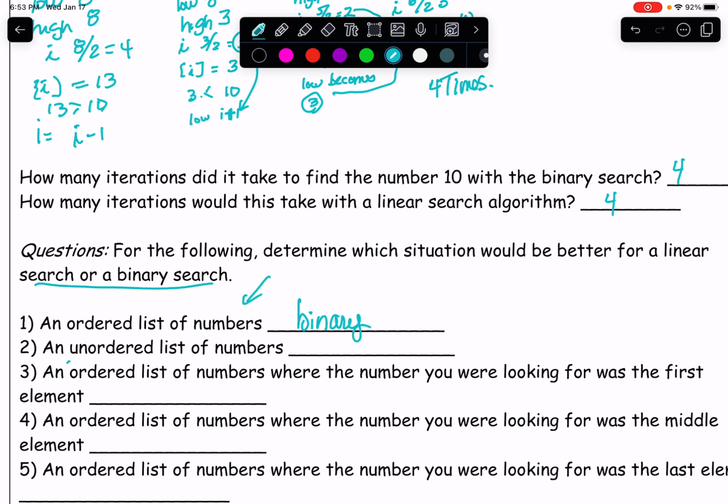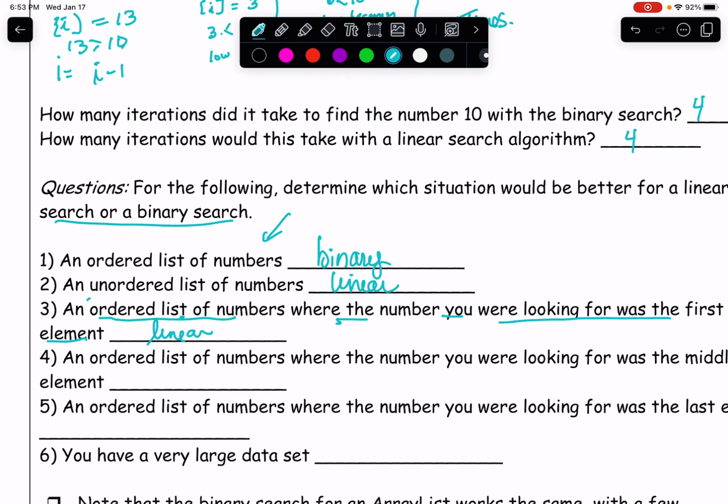An unordered list of numbers, you have to use linear, because you can't use binary if it's not sorted. At number 3, you have an ordered list of numbers where the number you're looking for was the first element. So this would be linear, still linear is better.